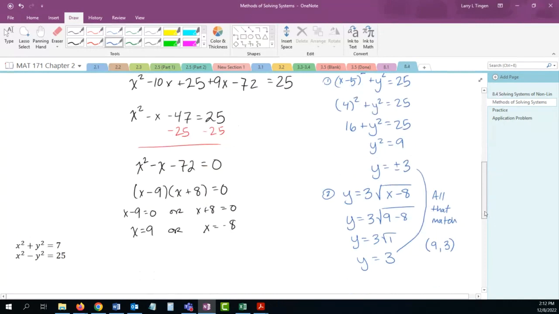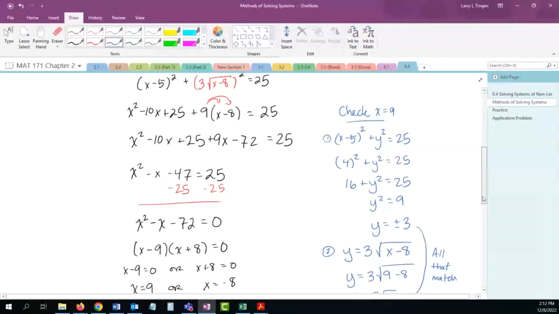All right, so my other point. The other point I had was negative 8. I'm going to check it over here. And if you see something right off the bat that you know is going to break it, go ahead and do it.